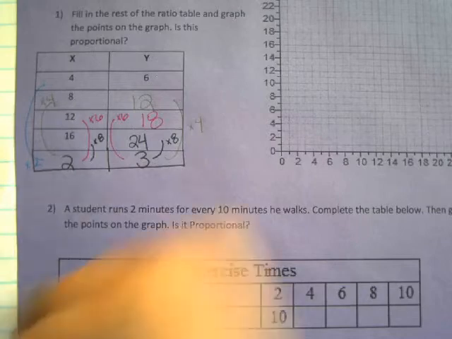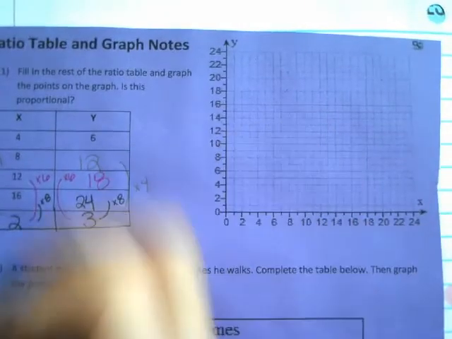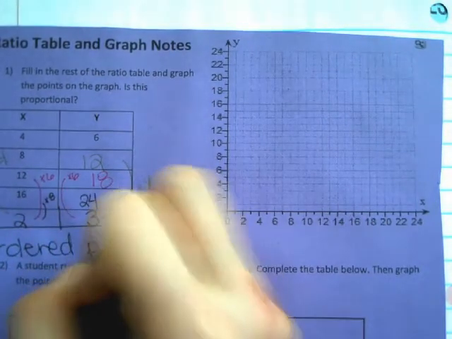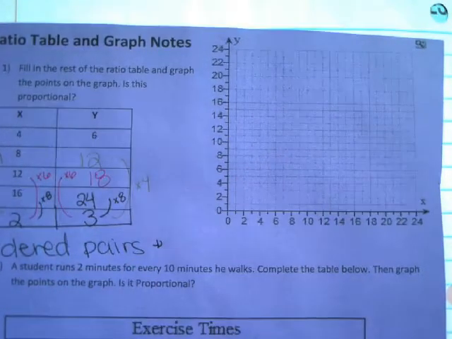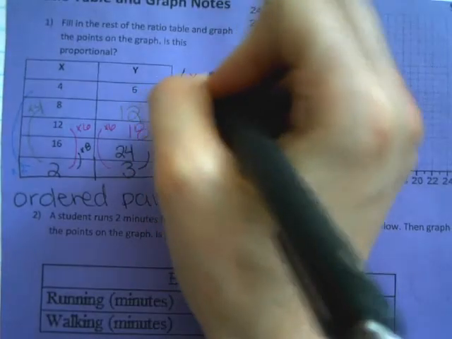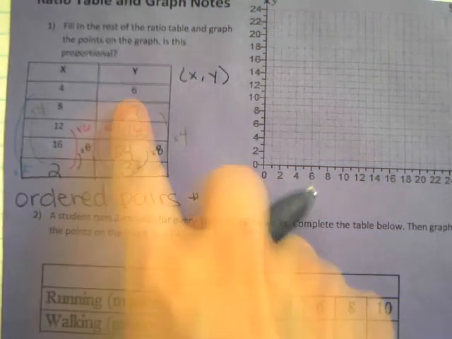Then once you've filled in your table, you then have to remember that in order to graph on a coordinate plane, there are things that are called ordered pairs. Okay, and you need to then write your ordered pairs. Remember, ordered pairs are written x, comma, y.